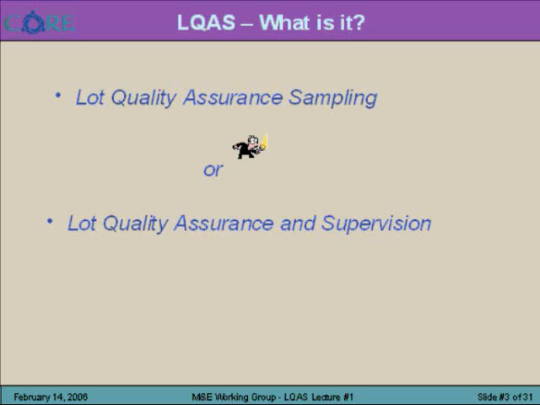LQAS can also be defined as an analysis method to improve quality of services through supervision at the local level. Therefore, we would like to refer to LQAS as lot quality assurance and supervision as well.